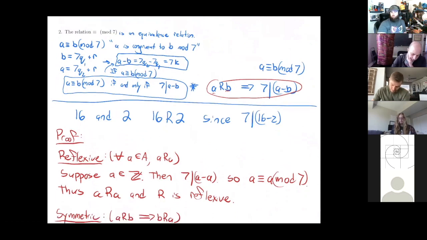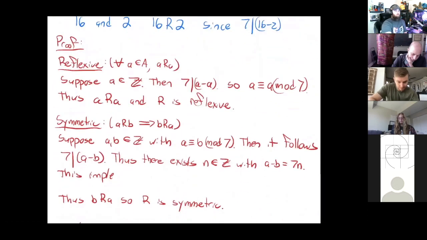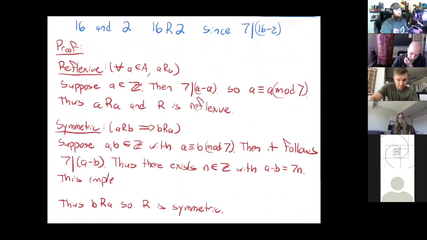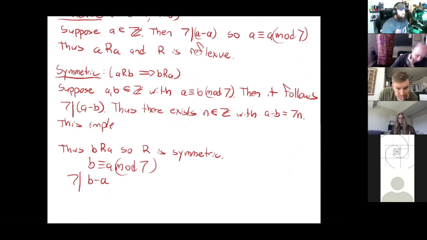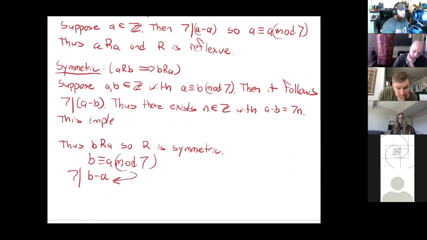Are you saying A minus B over 7 equals N? So we are trying to show that B is going to be related to A. In other words, we would like to show that B is congruent to A mod 7, which means we would like to claim this. So all three of these statements are saying the same thing.